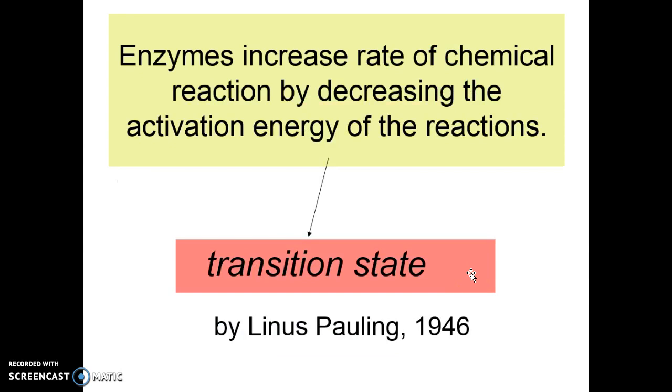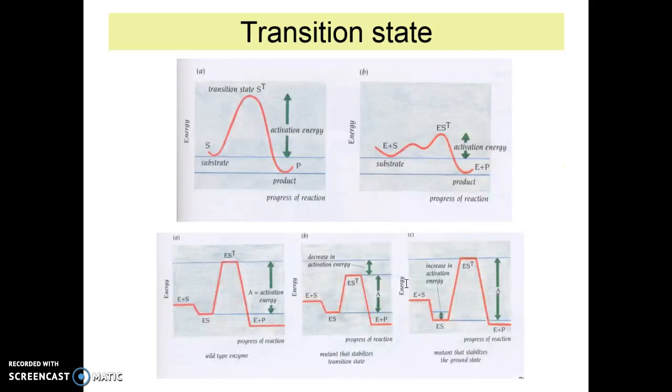An enzyme increases the reaction rate by binding and stabilizing the transition state of its specific substrate more tightly than the ground state, called the transition state model. In this diagram, there is a high activation energy in the uncatalyzed reaction in A, while the catalyzed reaction has a lower activation energy.